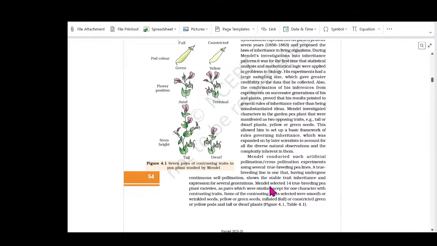Mendel selected 14 true breeding pea plant varieties as pairs which were similar except for one character with the contrasting traits. Some of the contrasting traits selected were smooth or wrinkled seeds, yellow or green seeds, inflated, full or constricted green or yellow pods, and tall or dwarf plants.